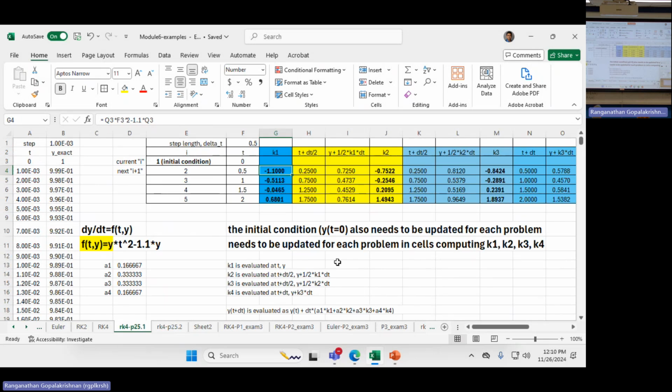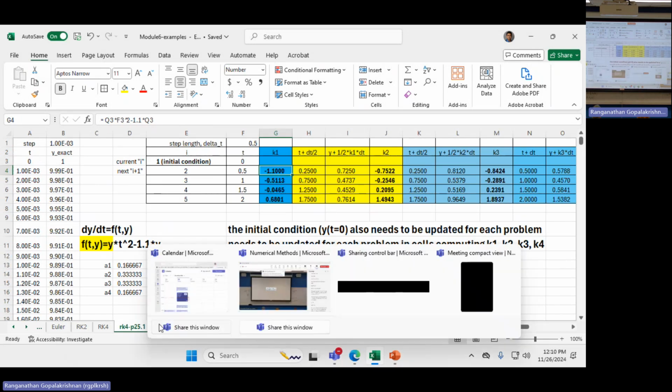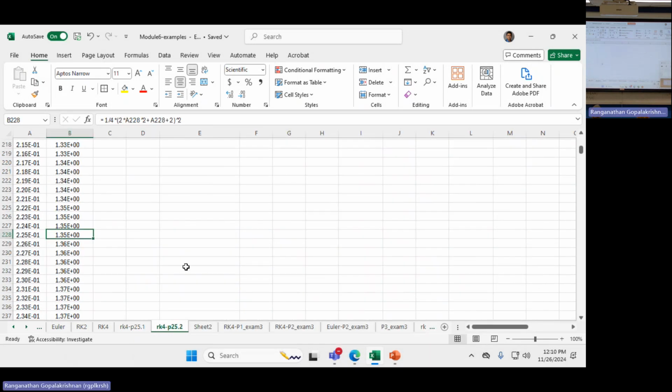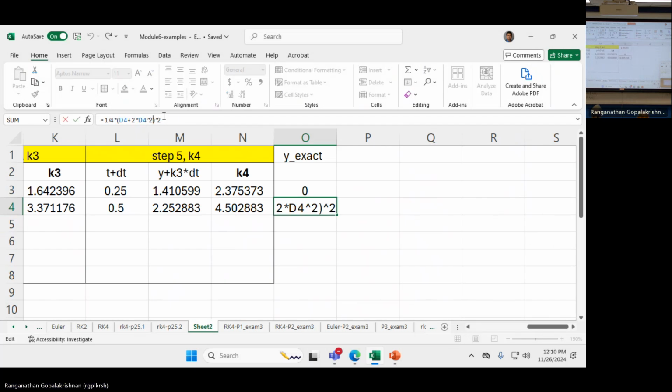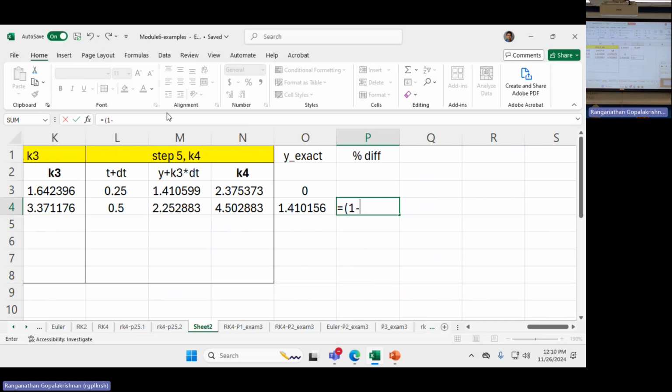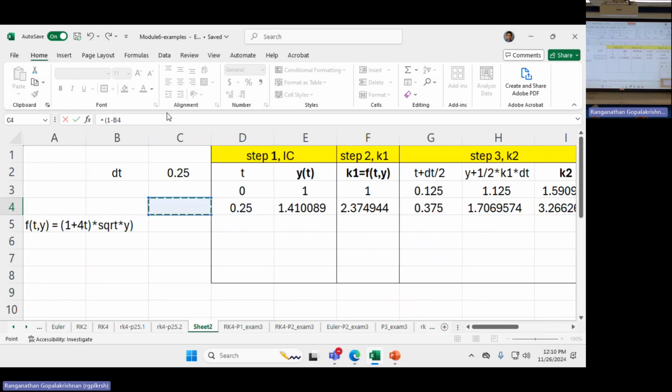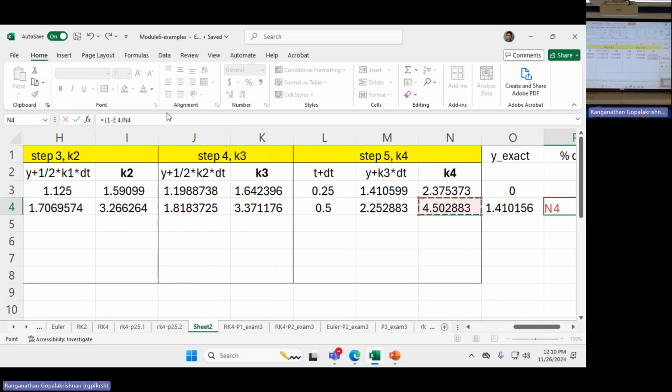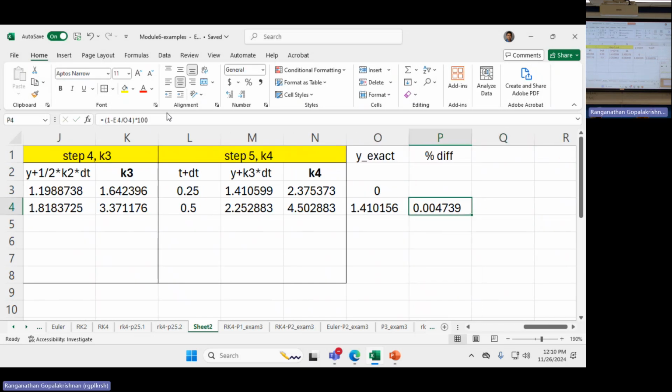I forgot the initial condition when I did the integration. Okay. Plus 2. So I should include plus 2. Yeah, there we go. So exact solution is 1.41 and we'll calculate percentage difference, which is 1 minus numerical value divided by exact value times 100. So that's 0.004% or 0.005%.